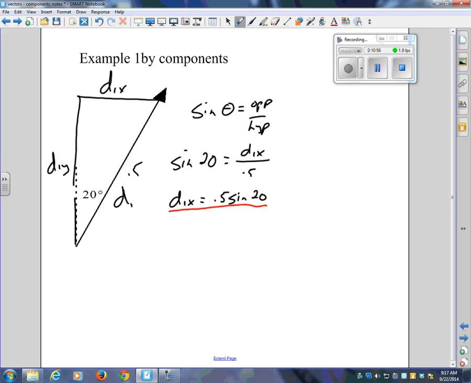You should be able to, by the end of this week, recognize this is opposite, that's sine, d1x is going to be 0.5 sine 20. It always works through these steps, so feel free to start your solution with that. 0.5 sine 20, I get 0.17.